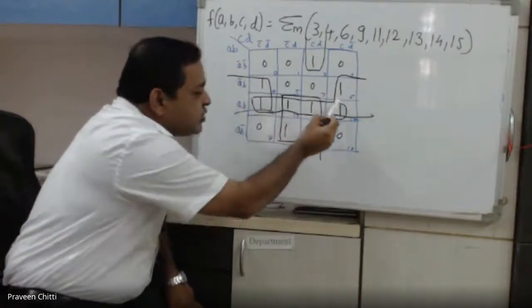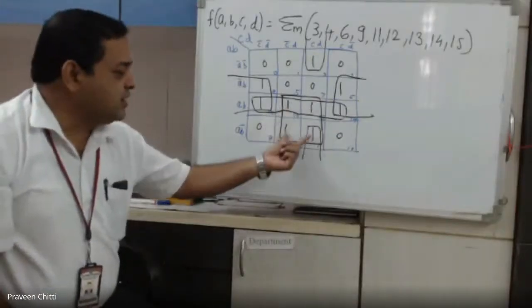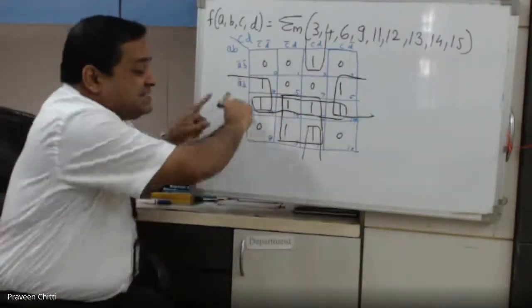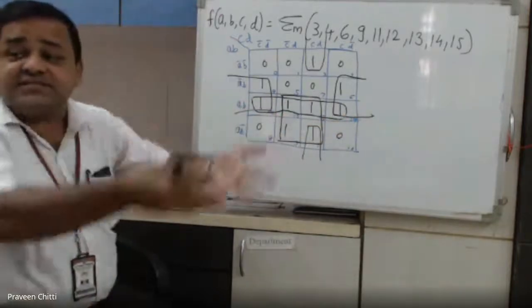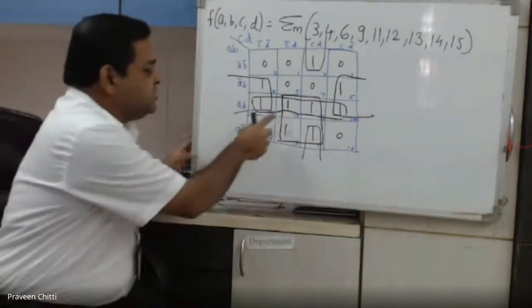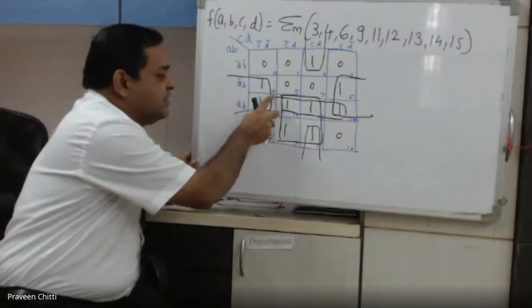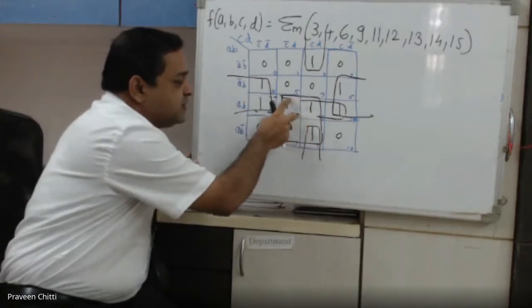So is this really required now? No, sir, because that becomes redundant. Why? Because these are covered in other groups. So this is not required, you should not consider it. Such groups are not essential, so you should not form this particular group.